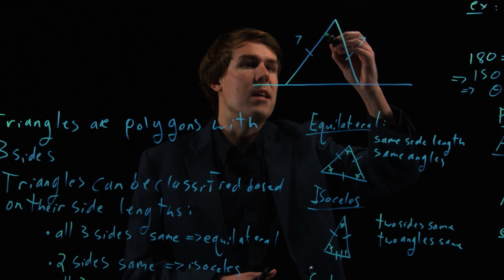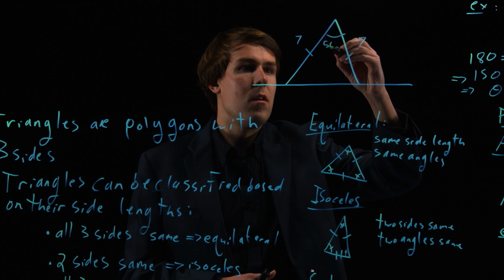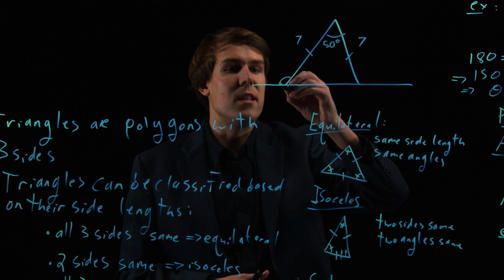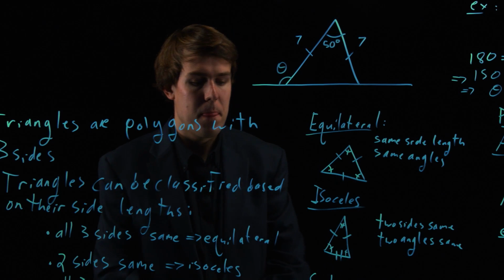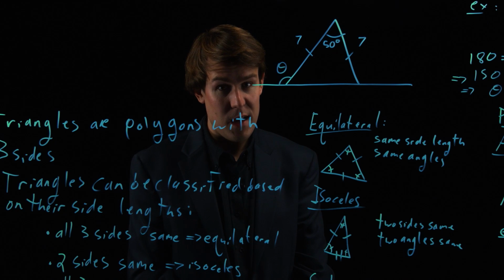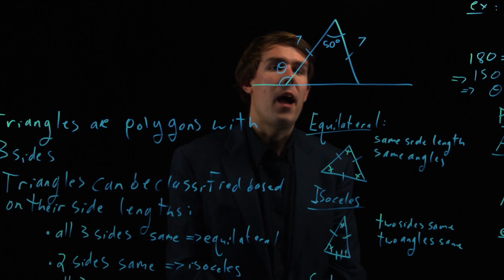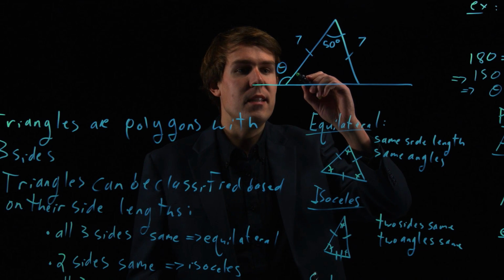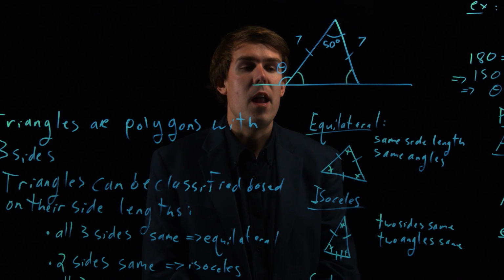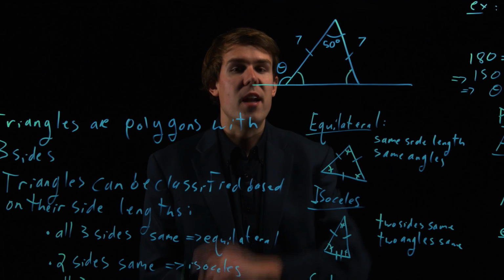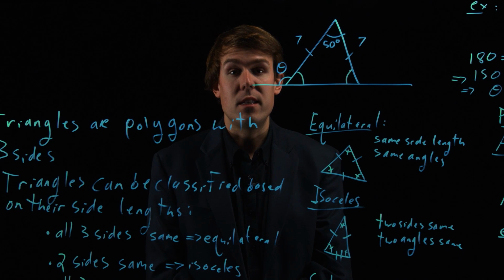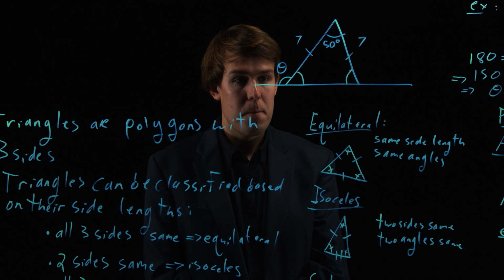So now I have an isosceles triangle, but what I'm interested in is this angle theta here. How can I solve for this? Well, I can start by finding these angles here and noting that this angle plus theta is equal to 180 since they split a line.